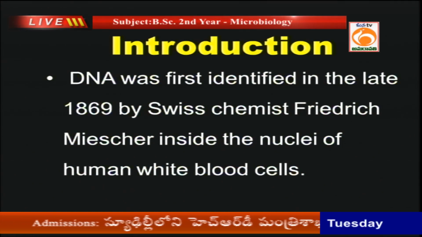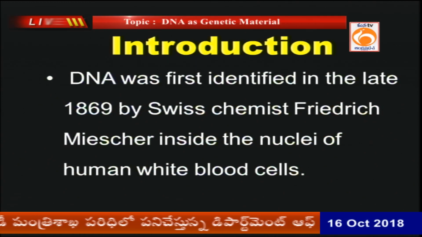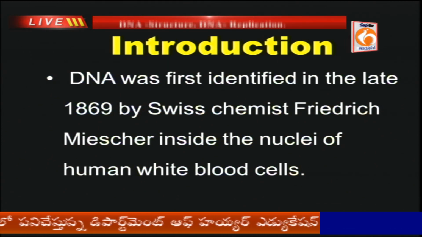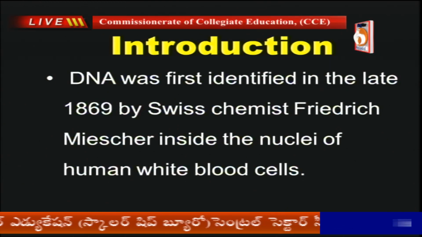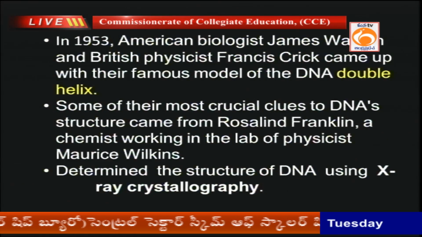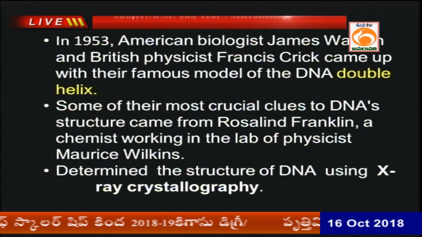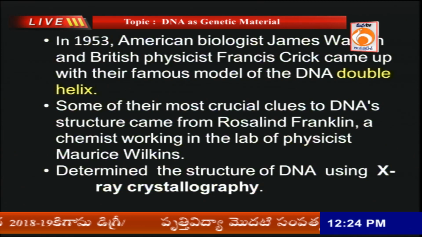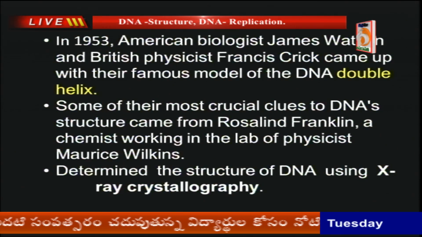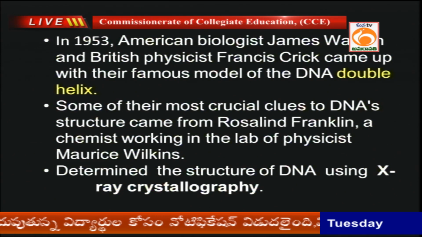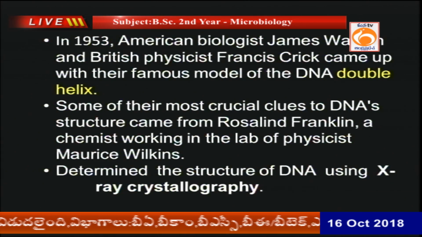DNA, or deoxyribonucleic acid, was first identified by a Swiss chemist, Friedrich Miescher, in 1869 in the nuclei of human white blood cells. In about 1953, James Watson, Francis Crick, Maurice Wilkins, and Rosalind Franklin, using a powerful technique called X-ray crystallography, figured out DNA as a double helical structure.